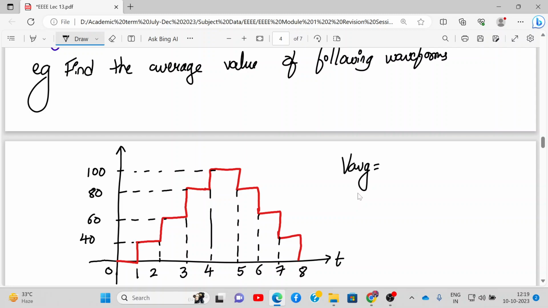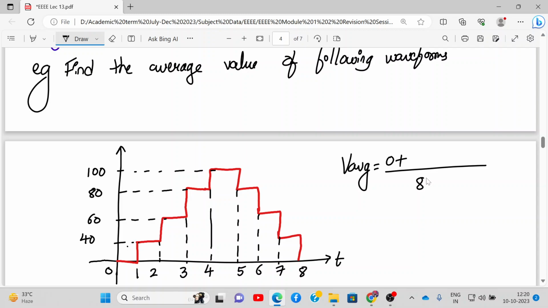What is the number of instances? 1, 2, 3, 4, 5, 6, 7, 8. So we'll divide by 8. The instantaneous value at t equal to 1 is 40, and here the value is 0. So first we write 0 plus 40 plus 60 plus 80 plus 100, again plus 80 plus 60 plus 40.